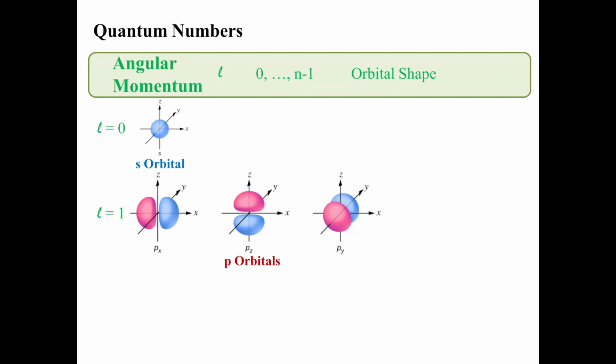Now, if we want to draw this out a little more freehand, I would draw something that looks like this, representing each of the 3 p orbitals, where you essentially can get by with drawing something that looks like a figure 8. I do want you to keep in mind that all these are existing in the same space around the nucleus.